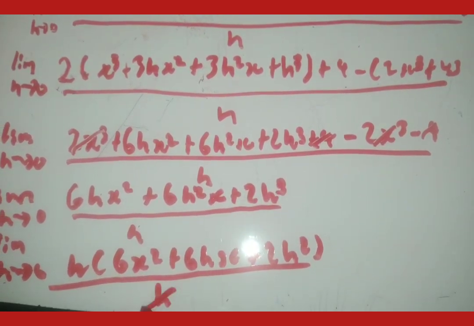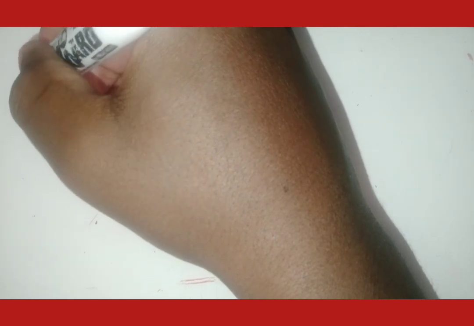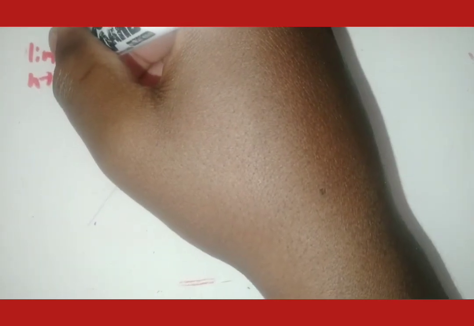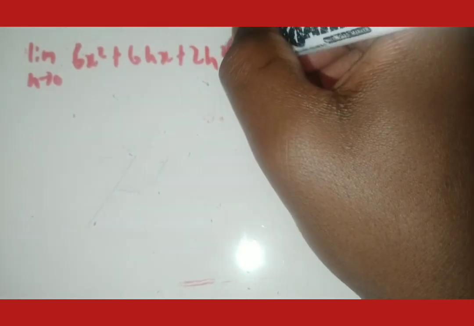So then this is going to cancel. Okay, so in the next step, we're going to have limit as h tends towards 0. Then we're going to have 6x squared plus 6hx plus 2h squared. So that's what we're left with.